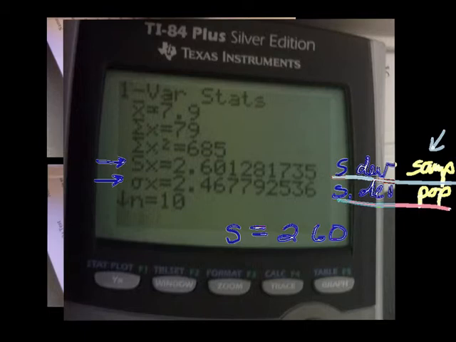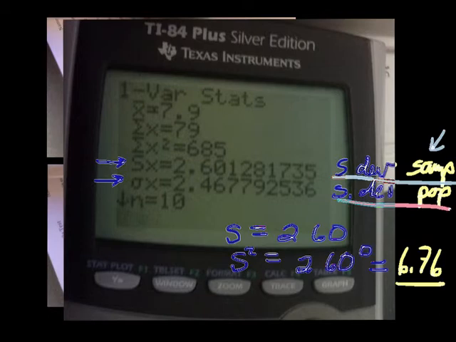Now once I have that, if the problem asks me for the variance, then if you'll remember, the variance is just the square of the standard deviation. So that would be 2.60 squared, which I believe is about 6.76. And this would then be called the variance.